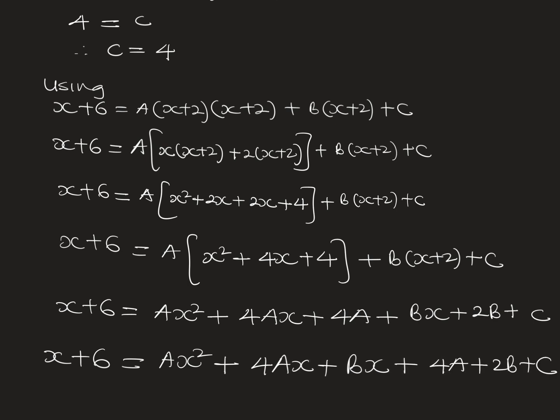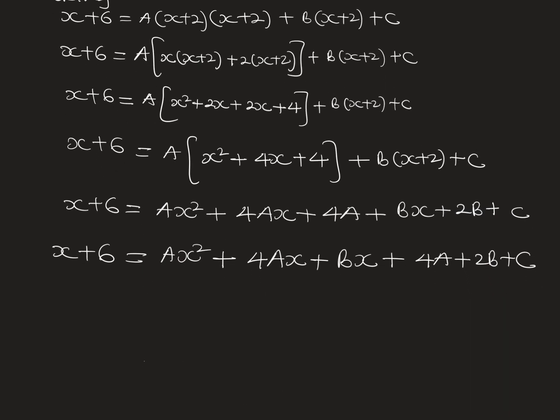They do not have x. The quadratic equation, this is the same as the ax squared. This will be the bx and the whole of this will be c because they do not have any x with them. So that is c.